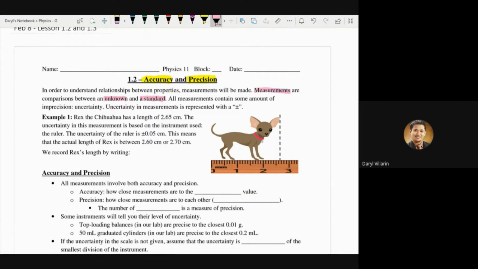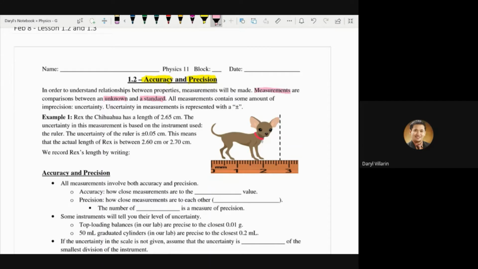Let's say you're measuring the length of an object. Usually you use a ruler. The ruler is based on a particular standard, and the length of the object is your unknown.